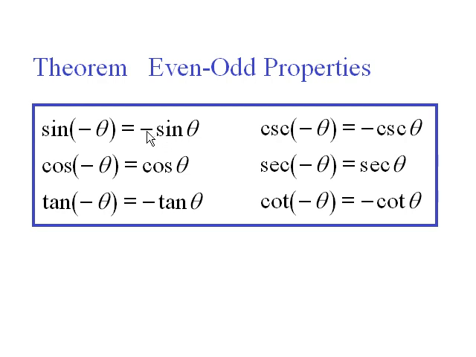One of them's positive, one of them's negative. That makes sine an odd function. Cosine is the x-coordinate. The x-coordinate's the same whether you're measuring theta or minus theta. You either go up or down. In either case, you go out in the x direction, on the x-axis, the same horizontal distance. That means that cosine of minus theta and cosine of theta have the same value. That means cosine is an even function.